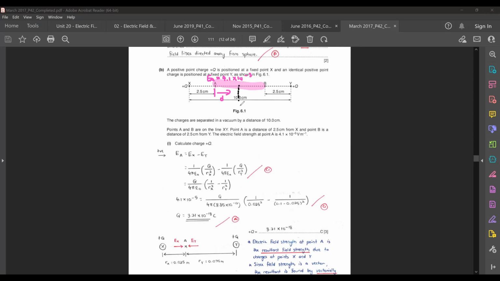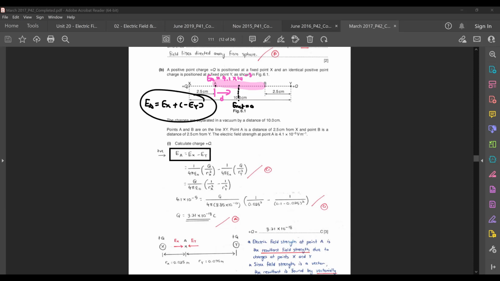You will obviously be getting an E net of equals to 0. Because remember just now at this point here, we already went through how it was derived. EA is actually EX plus with negative EY, right?